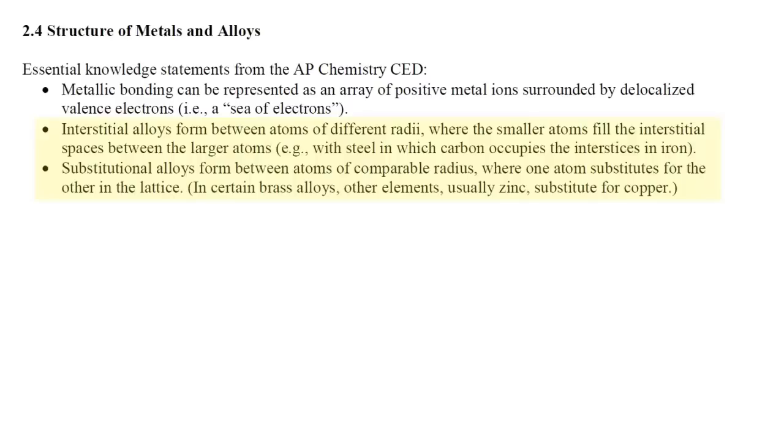And you can see highlighted on this slide, the two essential knowledge statements define the difference between interstitial alloys and substitutional alloys. Interstitial alloys form between atoms of different radii, where the smaller atoms fill the interstitial spaces between the larger atoms. One example is steel, which contains carbon and iron.